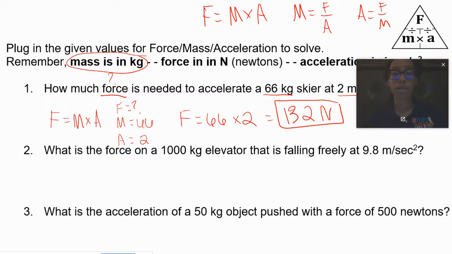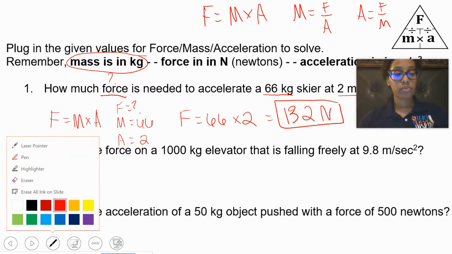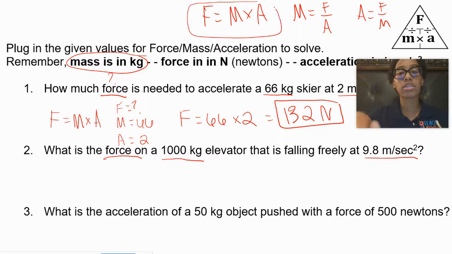Let's move up here to number 2. What is the force on a 1,000-kilogram elevator that is falling freely at the speed of gravity, 9.8 meters per second squared? I'm going to write my equation. I'm looking for force again, so I know I need to use this equation. Force is equal to mass times acceleration.